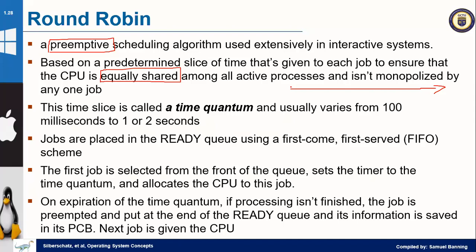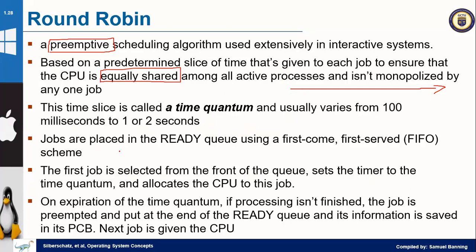What is 1 second over a million? Okay, so anytime within this time quantum, the operating system is set to interrupt. Every time it interrupts, a new job is brought to the CPU.